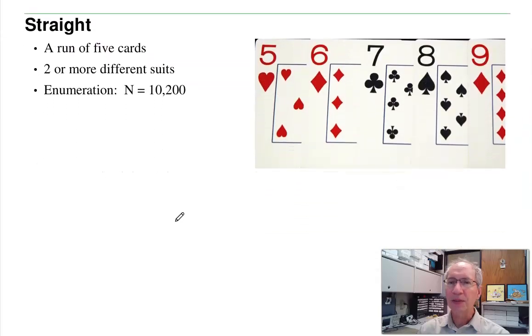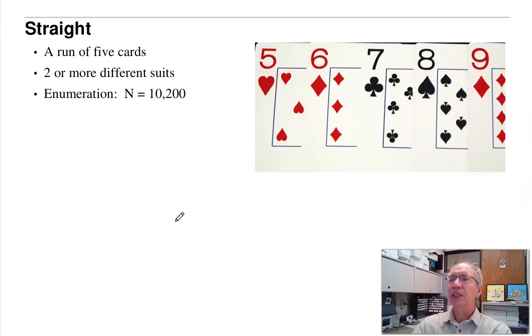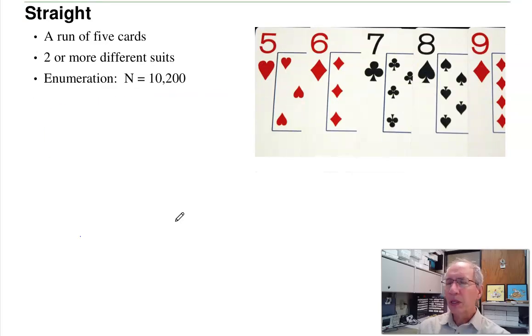Let's look at a straight. A straight is 5 cards in a row. So ace, 2, 3, 4, 5, or 5, 6, 7, 8, 9. Okay, the first card I pick could be anything between ace to 10. So there's 10 values, 4 different suits. So there are 40 different cards I can choose for the first card.